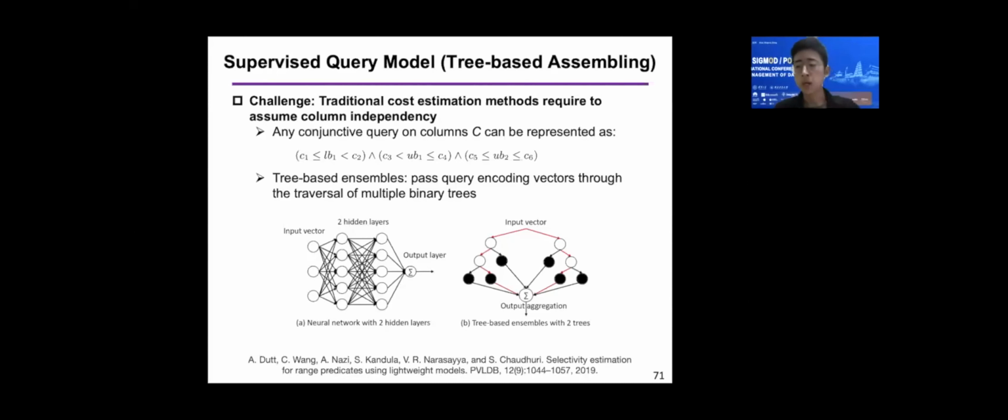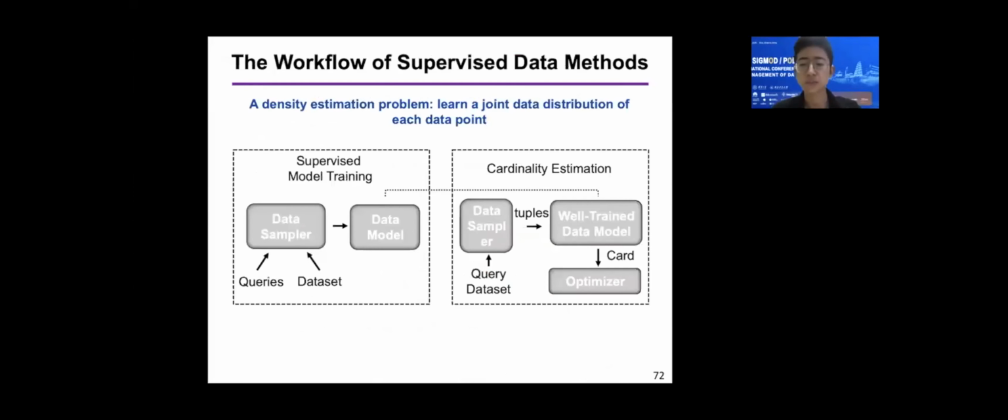And since a query plan is a binary tree, they use tree-based ensembles like XGBoost to pass the encoding vectors of the query through the traversal of multiple binary trees, and output the average value as the estimated cardinality. Instead of assuming independence between the columns, these network parameters are used to fit the mapping of queries to cardinalities.